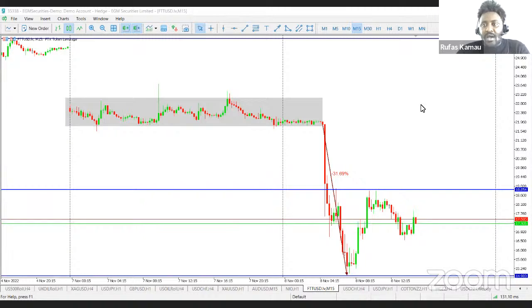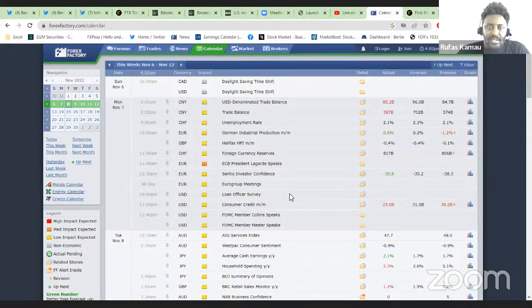I'll begin with the most important thing, and that is the economic calendar. I don't think there's much happening this week. If you compare with last week, this week is largely quiet. Last week, we had interest rate data.